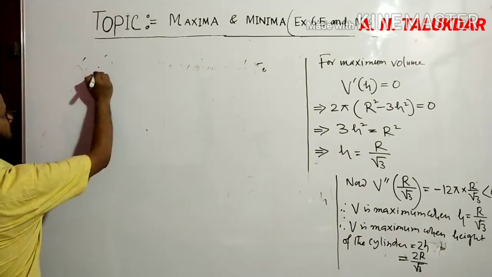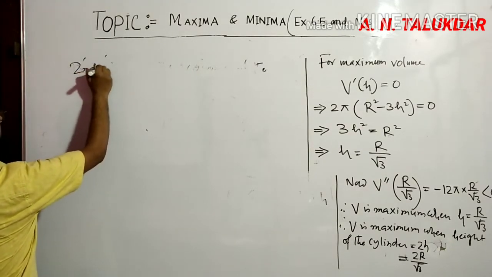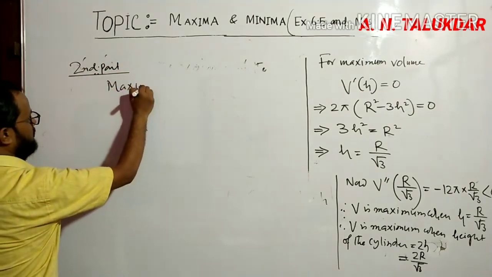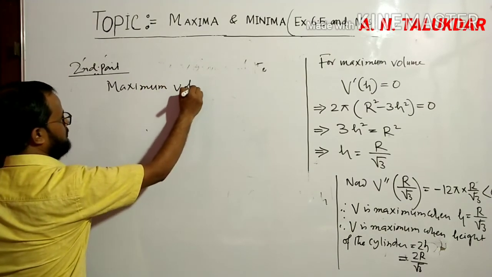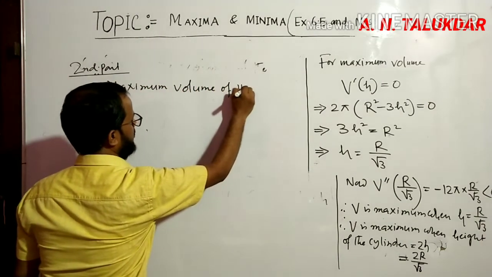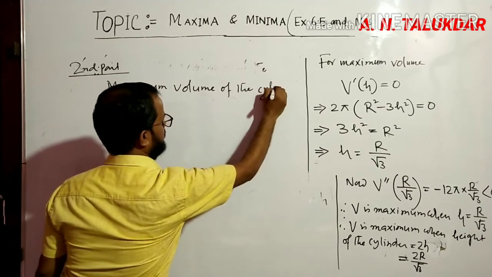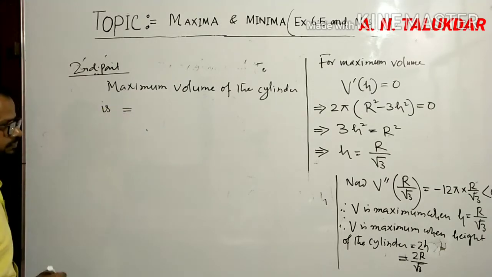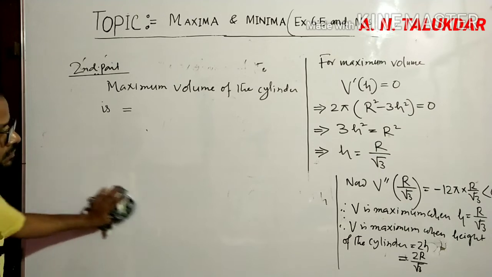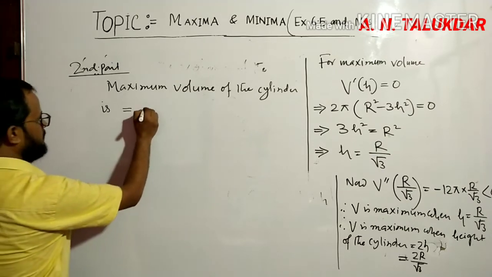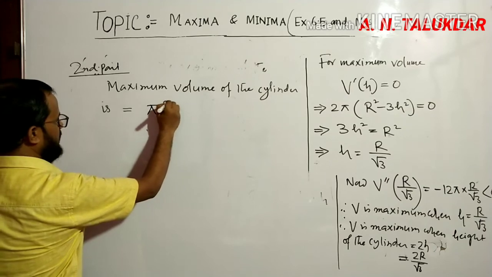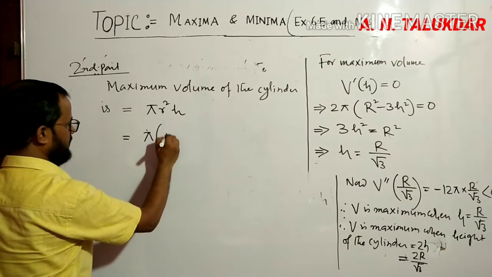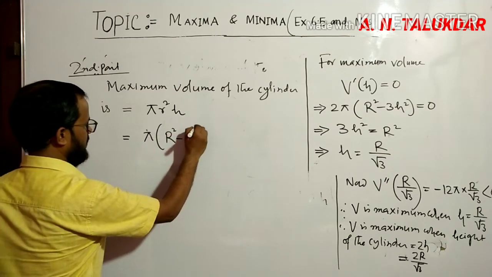Therefore you write the second part: the maximum volume of the cylinder is pi r squared h. Let us replace a little. Pi into (small r squared minus h squared) into h.